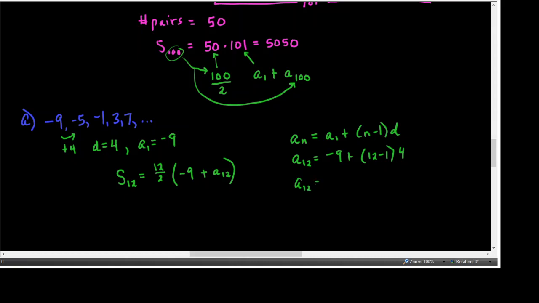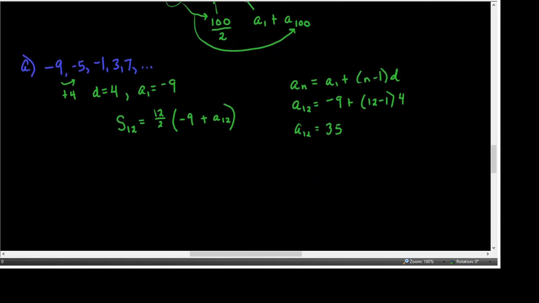And when you do that arithmetic, you end up getting, I don't want to make a mistake. Well, it's 11 times 4, which is 44, minus 9 is 35. If I got that wrong, I apologize. I think I did get it right, but I hate making mistakes like that. So what I can do now is go back and take out a sub 12 as a symbol and put in there what a sub 12 is.